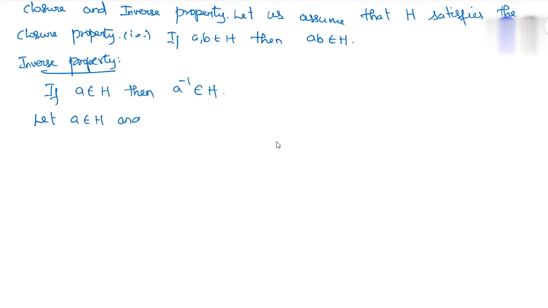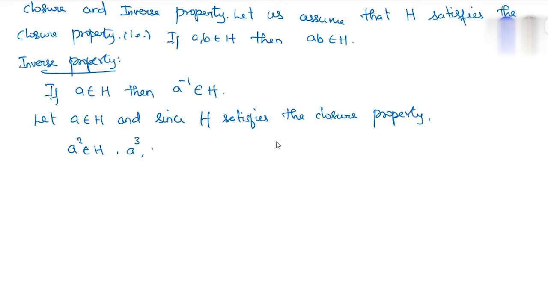Since H satisfies the closure property, a square belongs to H, a cube, a power 4, dot dot dot, a power m, dot dot dot, all will belong to H. These are commas, not multiplication.